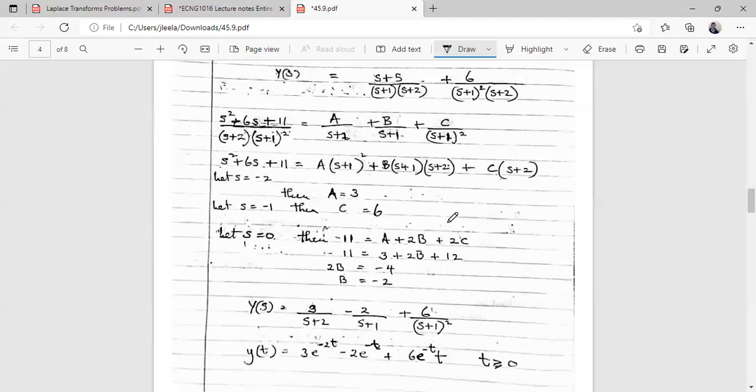So 2B will be minus 4, B is minus 2. So we get A, B, and C. 3 over s plus 2 minus 2 over s plus 1 plus 6 over s plus 1 squared.